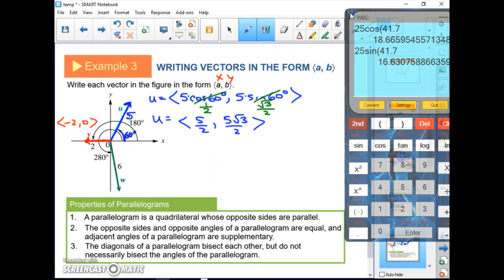But if you didn't know that, we can calculate it in the same way. We would do magnitude 2 times cosine of the angle and magnitude 2 times sine of the angle. Cosine 180 is -1, sine 180 is 0. So if you clean that up, 2 times -1 is -2, and 2 times 0 is 0.